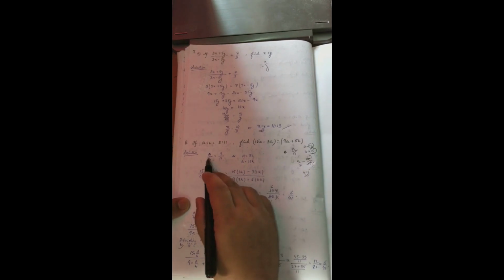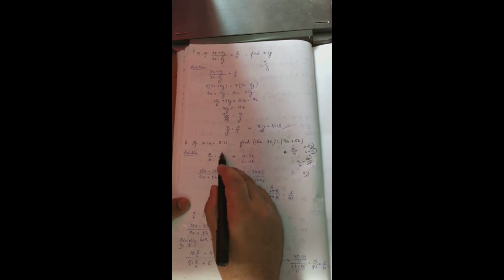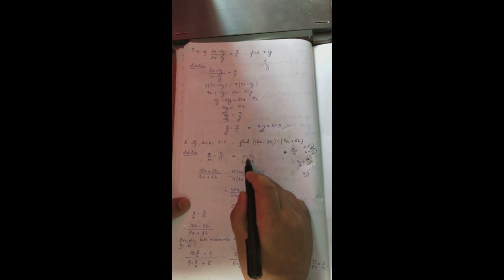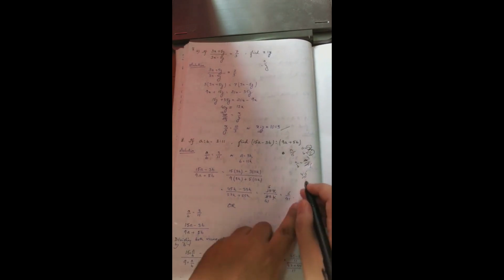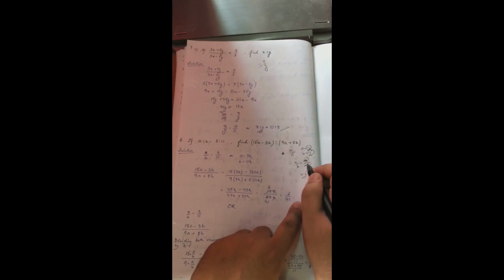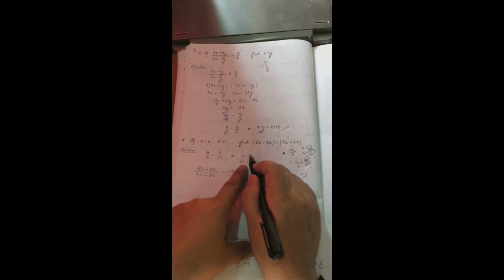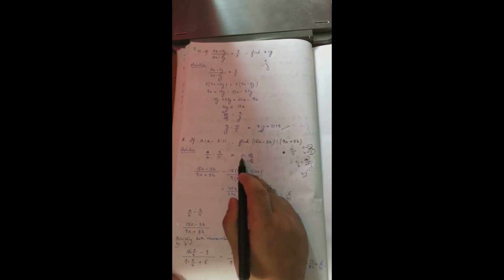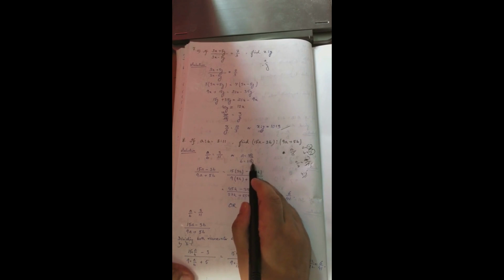So if a is to b is 3:11, then a is not exactly 3 but a multiple of 3. So we take a is equal to 3k and b is equal to 11k. Since we have divided both by 3, this k will be the same.